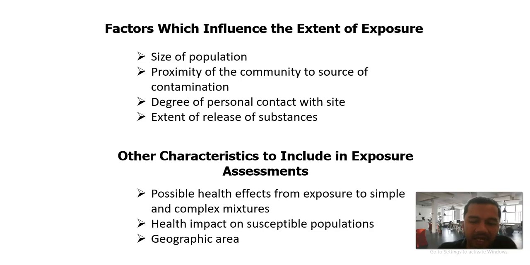Let's say we have a contaminated site, we want to know the extent of contamination to the personnel who are in the field. Then the extent of release of the substance, the rate of release of the substance into the environment.